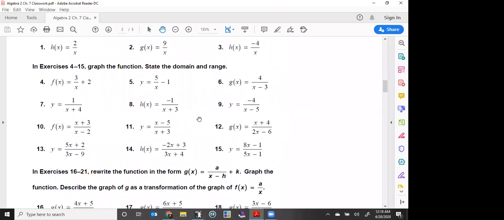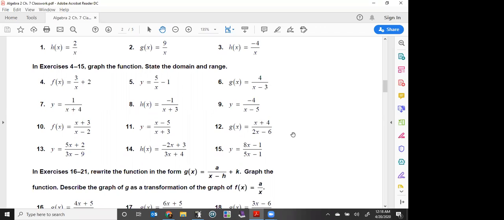Let's look at our next set. It says, graph the function, state the domain and range. Okay. So I'm going to put these on our paper. So let me first write down, we're not going to do all these. We're just going to do one of each type. 3 over x plus 2.